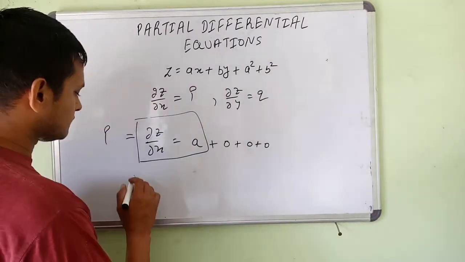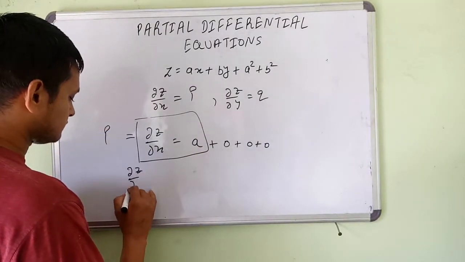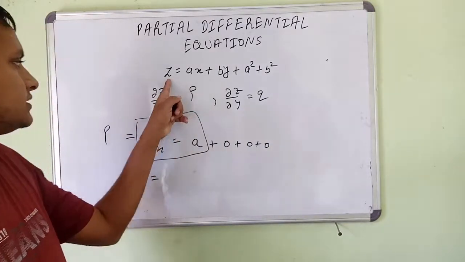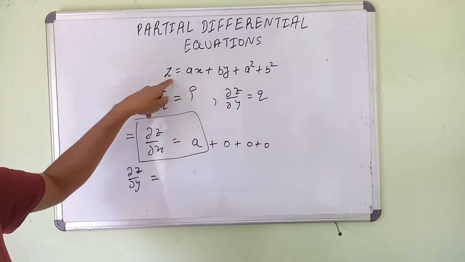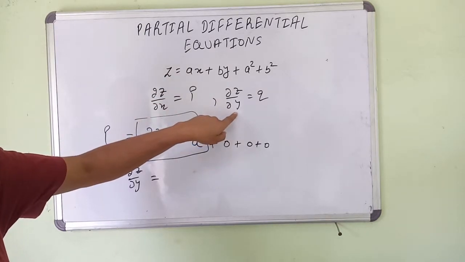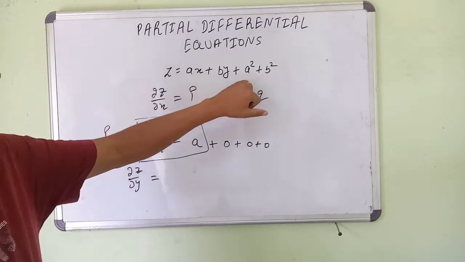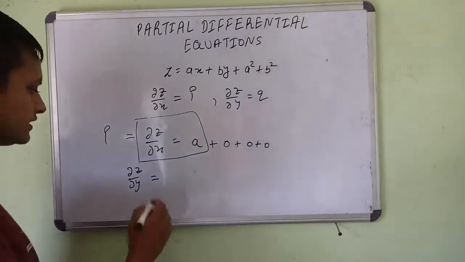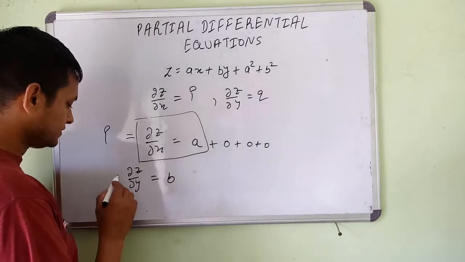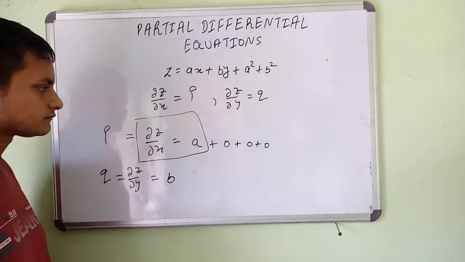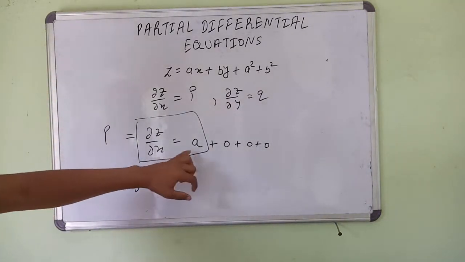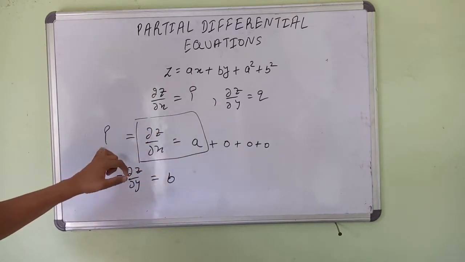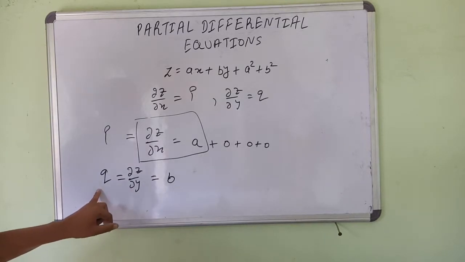Similarly, partial z by partial y. Again differentiate z with respect to y. So this is 0, this is 0, this is 0, and this is 1, and this is b. So we get b equal to q. So we find a is equal to p and b is equal to q.